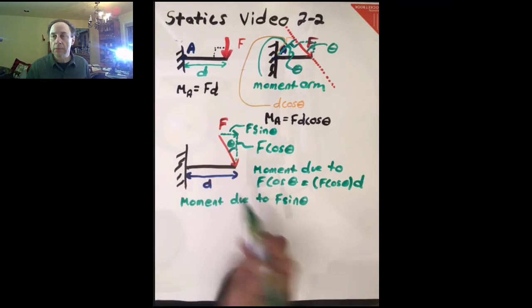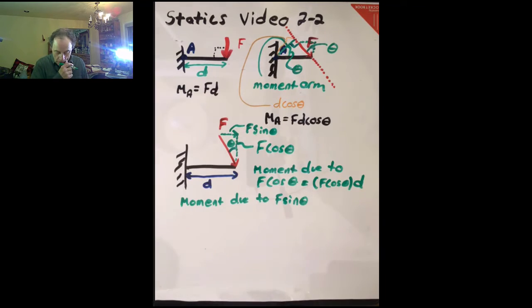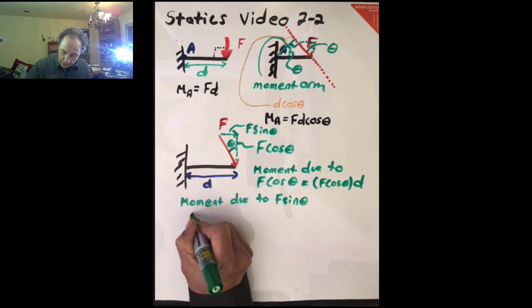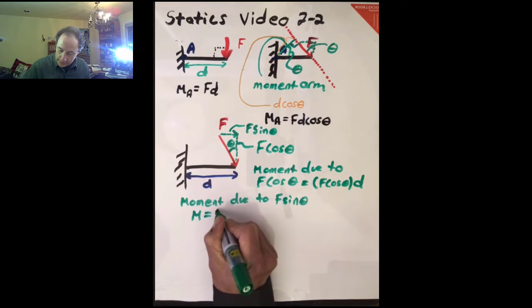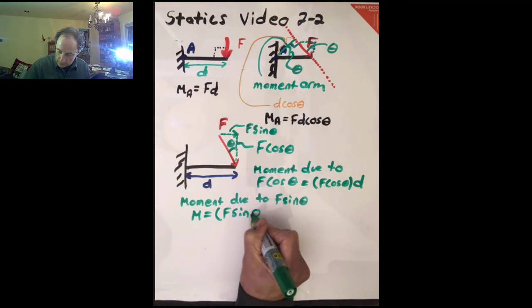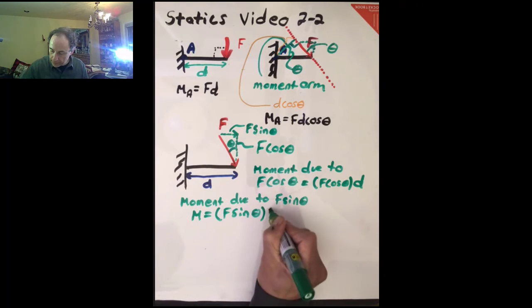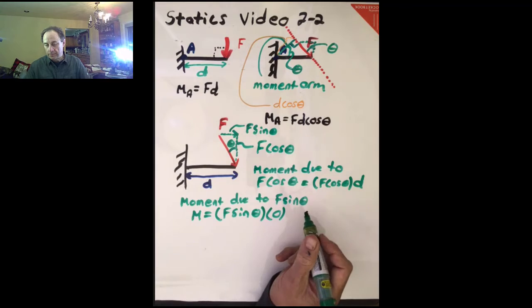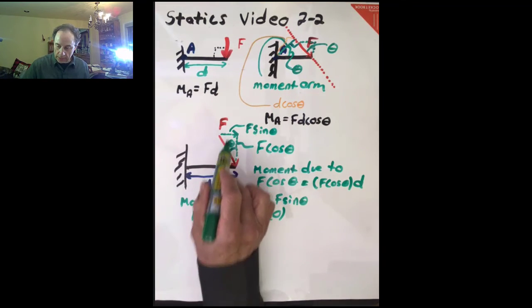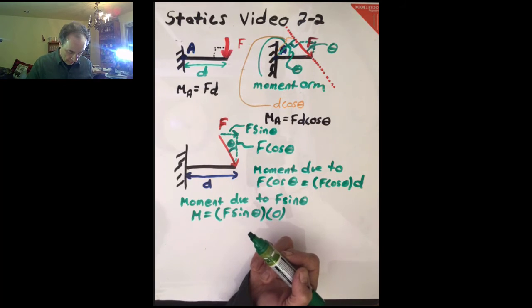it's horizontal. There is no moment arm. So the moment for this one is F sine theta times 0. It's never going to intersect with d, so there's no moment arm.